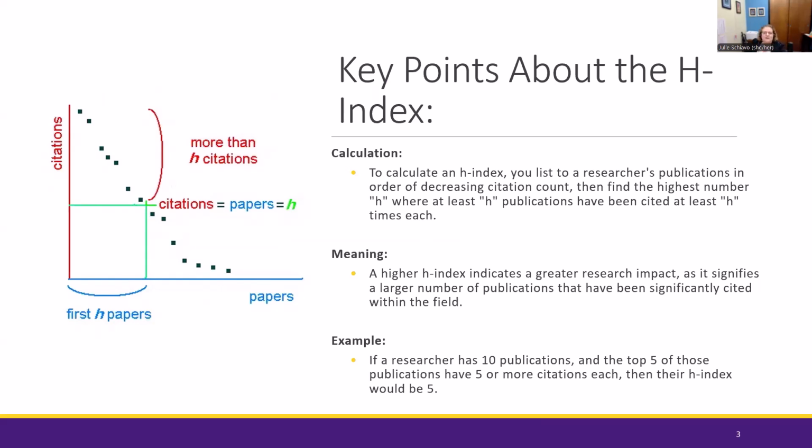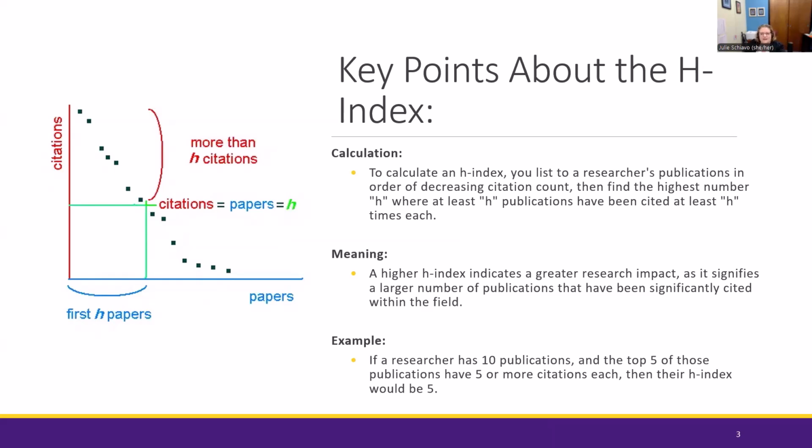You want to list your publications in order of decreasing citation count, and then find the highest number H, where at least H publications have been cited H times. So it's basically trying to find right in the middle.